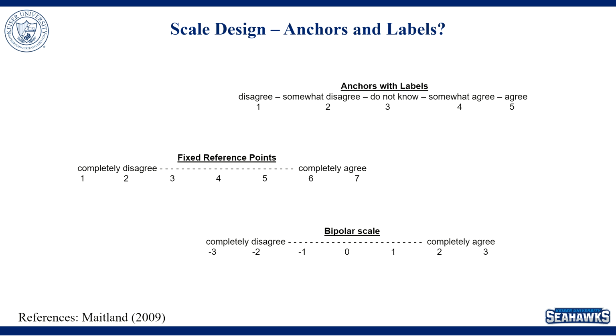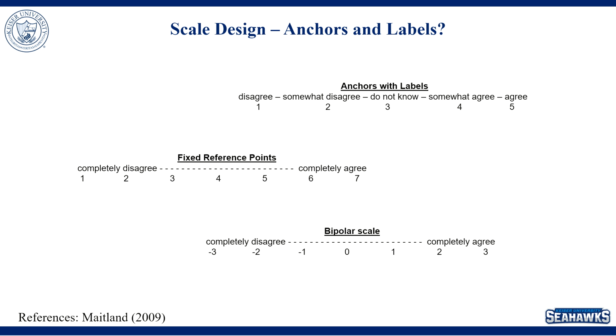However, if you have labels just at the ends, like completely disagree or completely agree, as in the second example, then it's recommended that you use a more, I guess we could say, extreme description. So completely disagree, not just disagree, but completely disagree and completely agree.